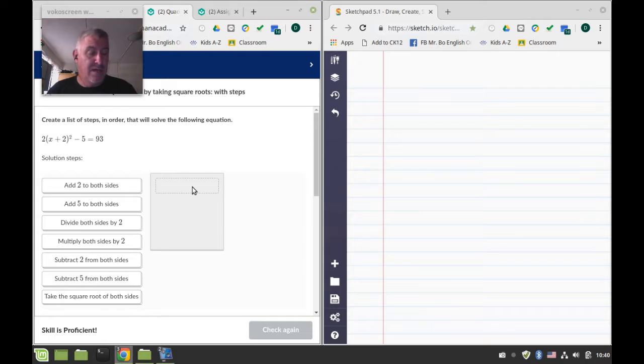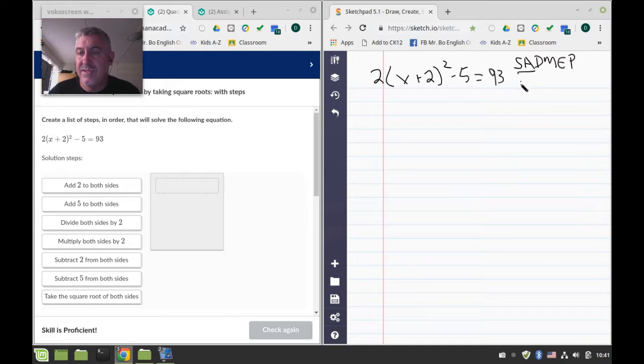Okay, so our problem is: create a list of steps in order that will solve the following equation. So we want to solve this equation and we want the steps. 2 times (x plus 2) squared minus 5 equals 93. I'm going to write up our inverse order of operations up here.